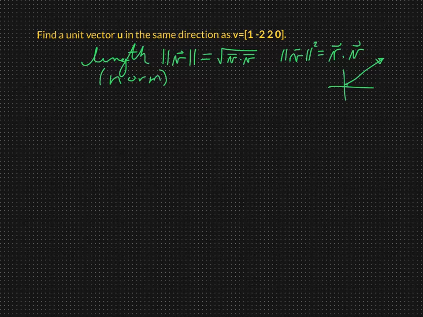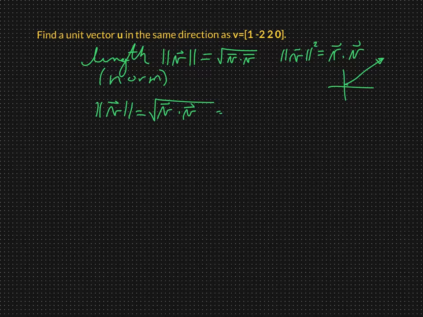Okay, so first we want to find the length of v. The length of v is going to be the square root of the inner product of v with itself.